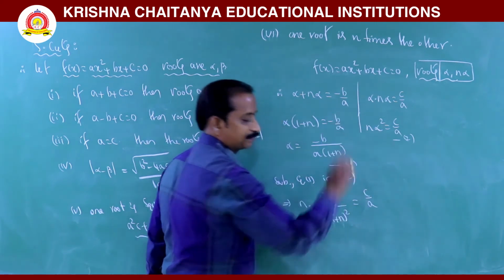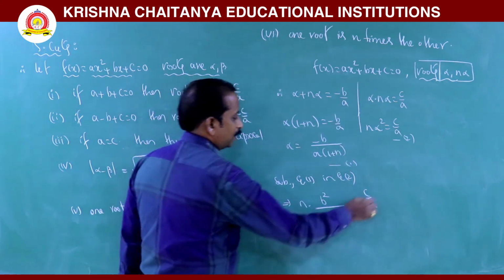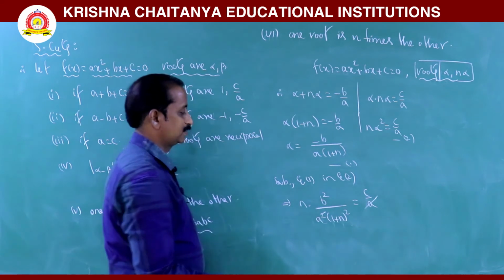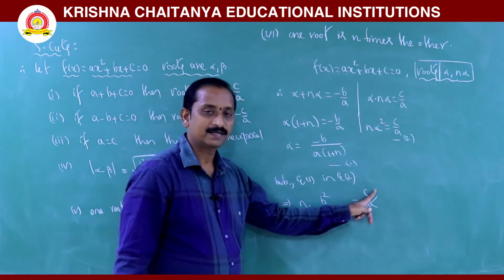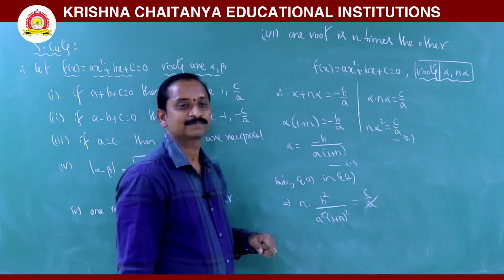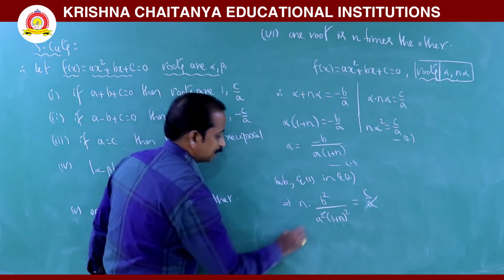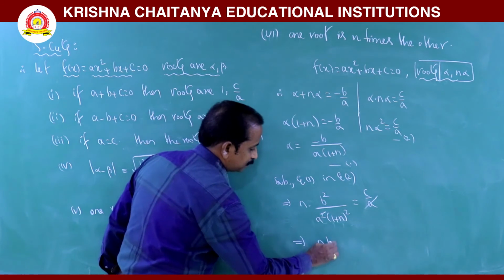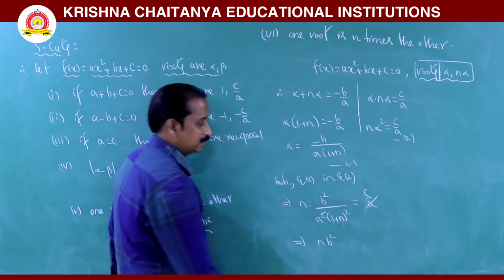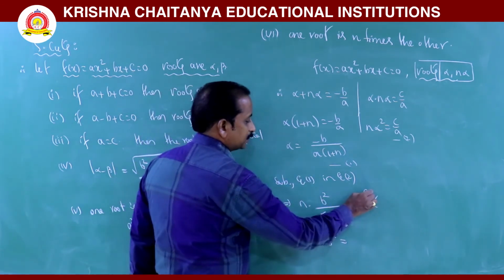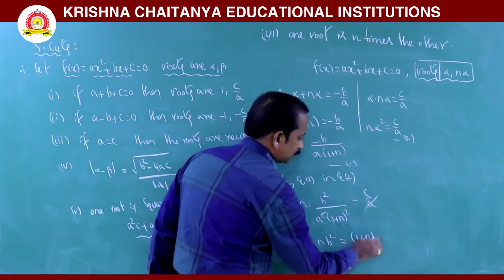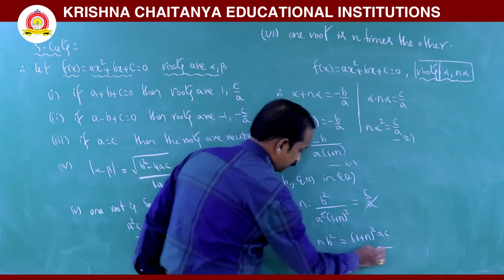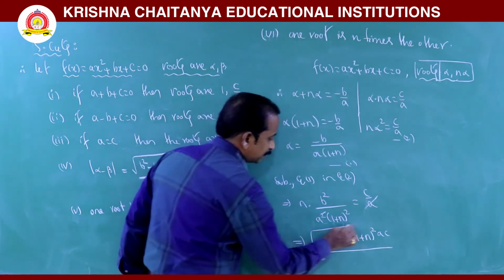by a. Now one a getting cancelled and remaining a into 1 plus n whole square, taking cross multiplication. After cross multiplication it becomes n times b square is equal to ac into 1 plus n whole square, means 1 plus n whole square into ac. This is our condition.